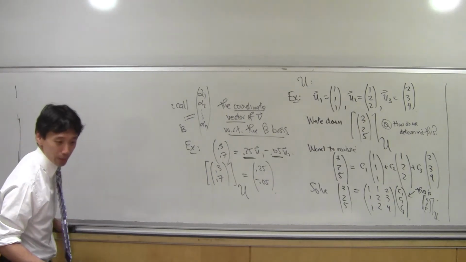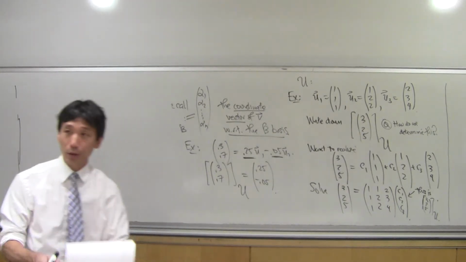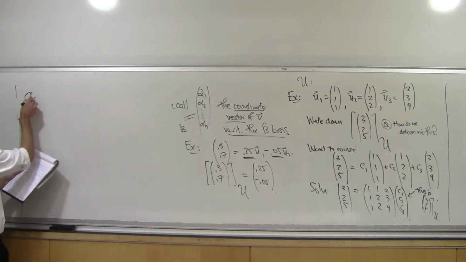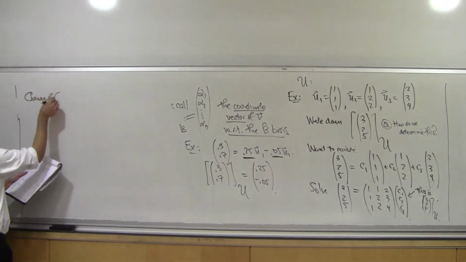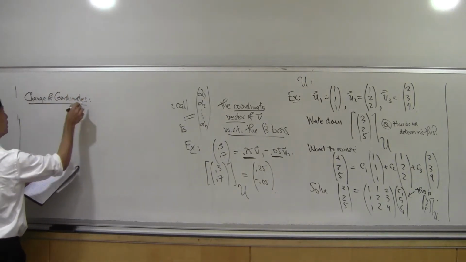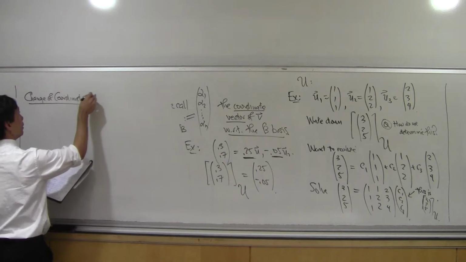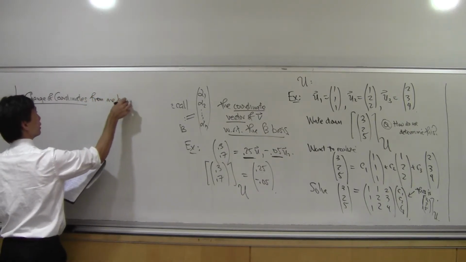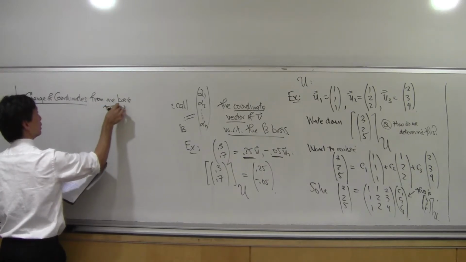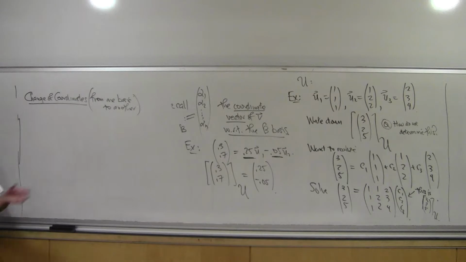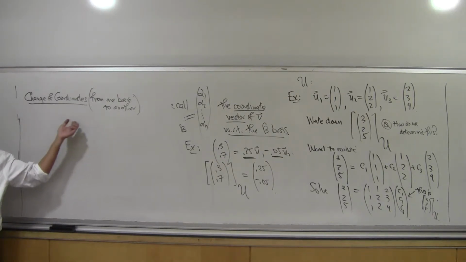So now let's go on to the next idea: change of coordinates from one basis to another. Just like what Yao said, if you've got different bases, you're going to have different coordinate vectors.